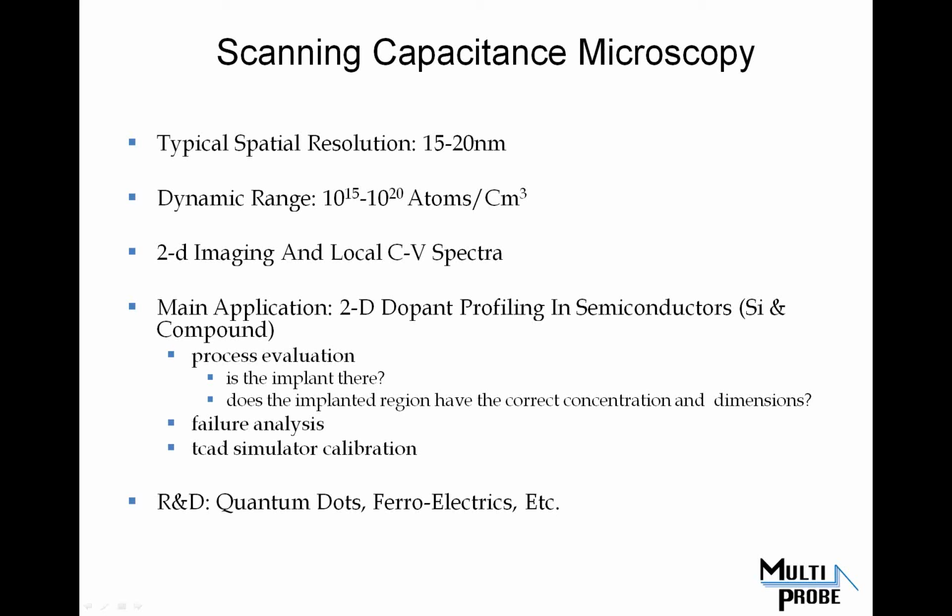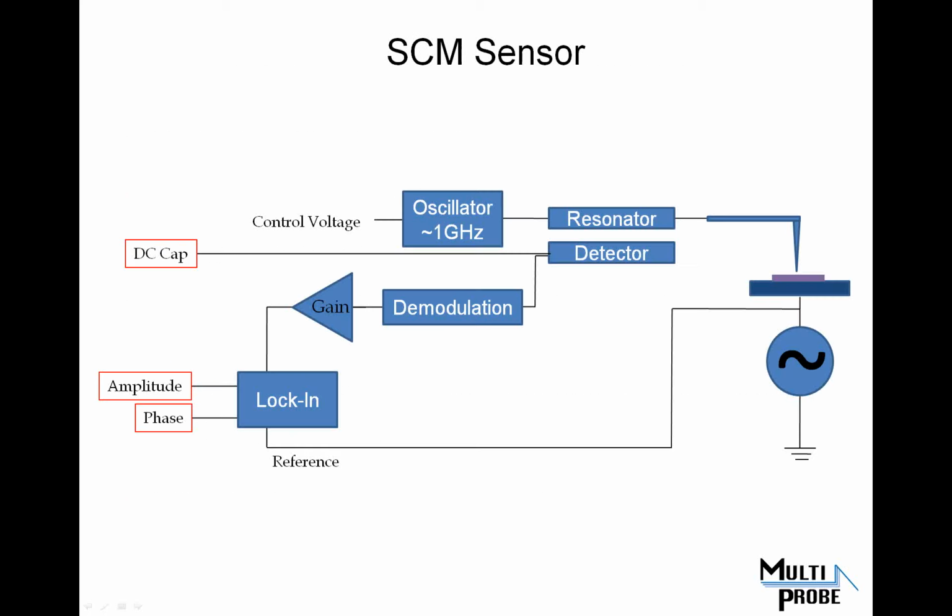But for FA, it's been particularly useful. You can see if an implant is missing or there, although that system has really failed to function effectively below the 65 nanometer node. There's not that many labs that are able to do things like dopant metrology with a capacitance imaging tool at those kind of levels.